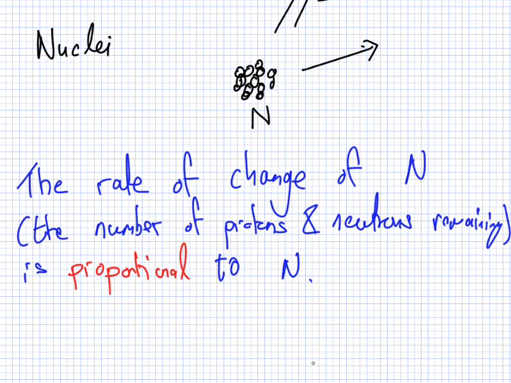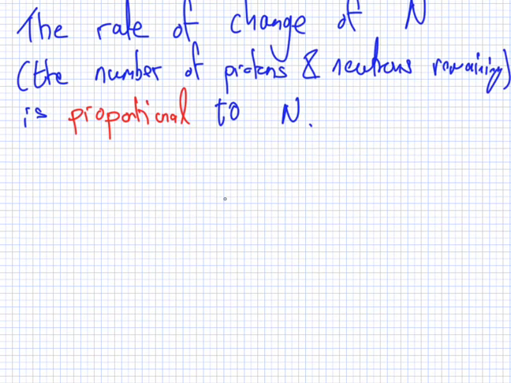And I'll also tell you that at the beginning we have n0. So what we have to do with these types of problems is we have to write them as an equation. So the rate of change of n, that's dn dt, that's proportional to n.